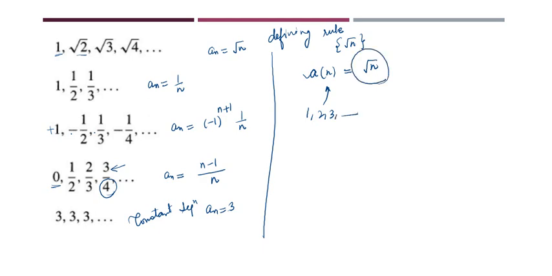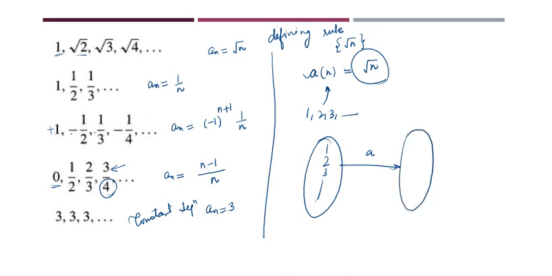So I am trying to relate the sequence here with a function which has a domain 1, 2, 3 and so on, and correspondingly I am getting some output, square root 1, square root 2, and so on. And the rule is that a of n should be equal to square root of n. But here n is taking only the discrete values. You can say n is a set of natural numbers.